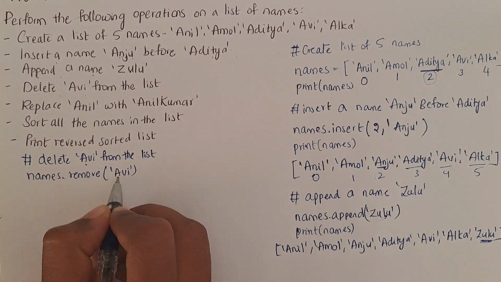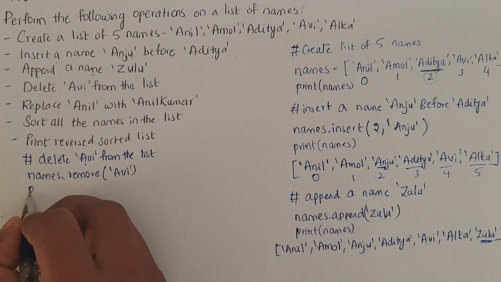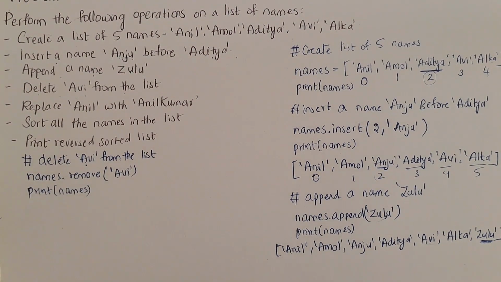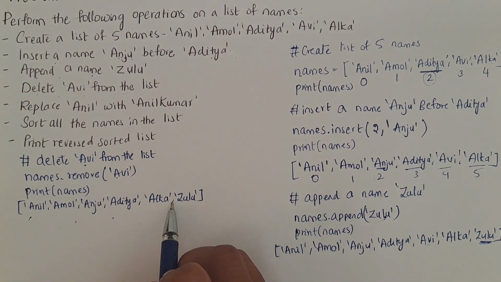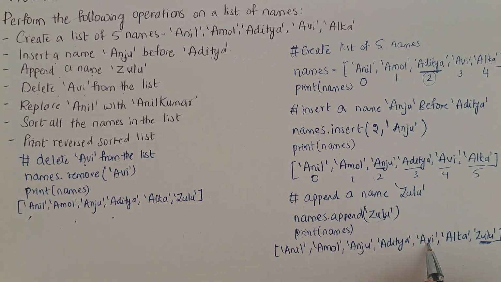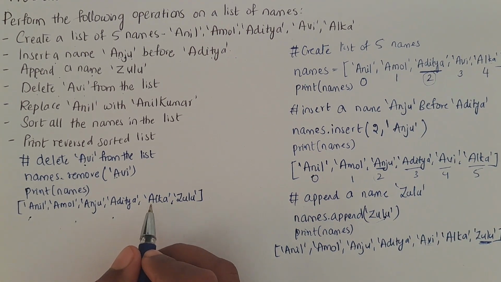This statement will remove the Avi item from the list. Now if you print the list, that is names, you will get this output, because you have removed the item Avi. After removing that item, the rest are shifted towards the left side. So this is your names list right now.